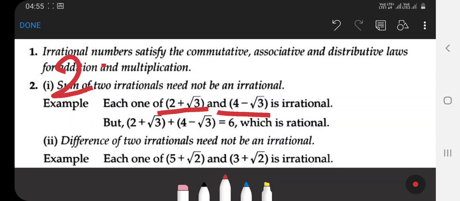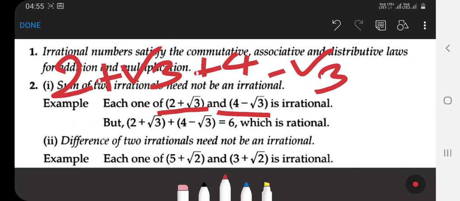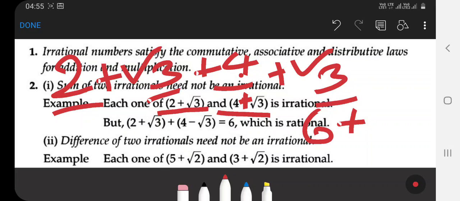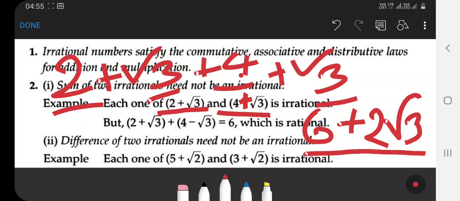Here, again, a misprint. The sum is 2 plus 4, equal to 6, and the root 3 terms cancel. Clear?